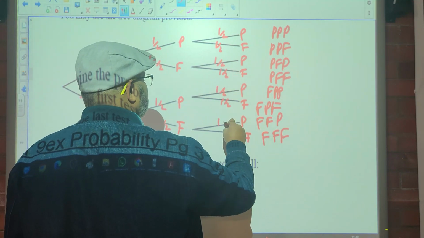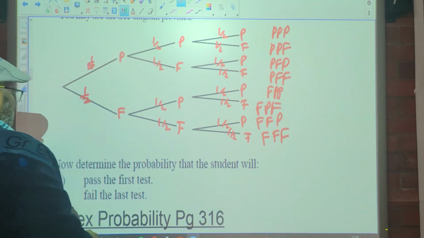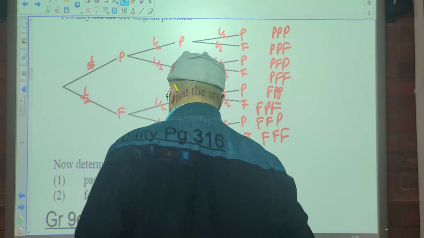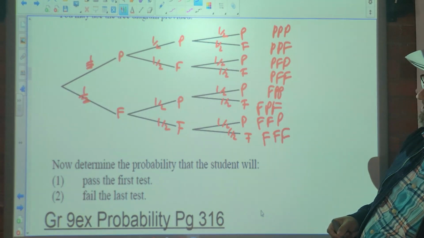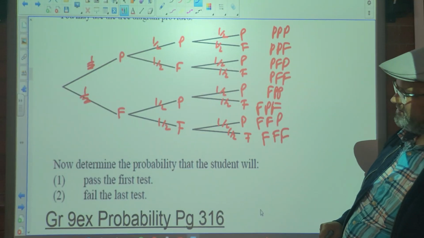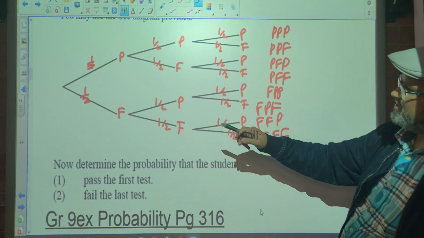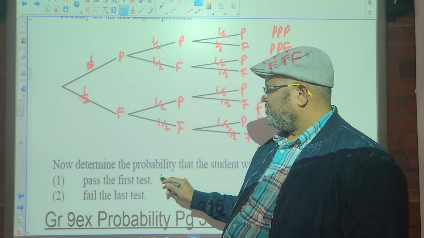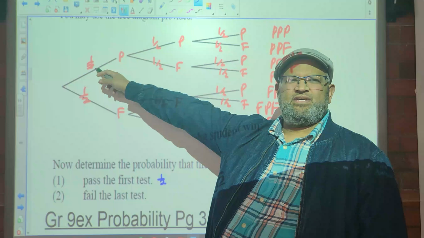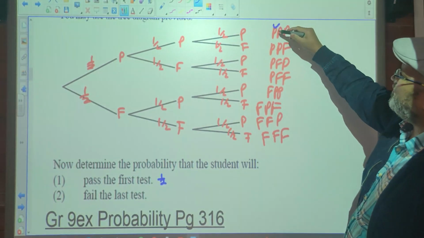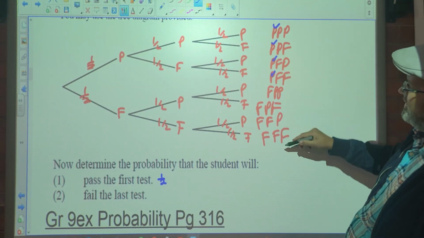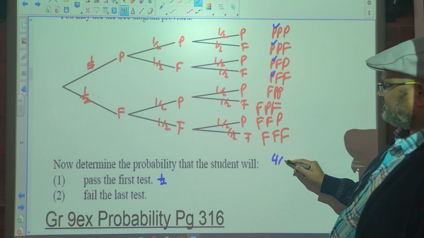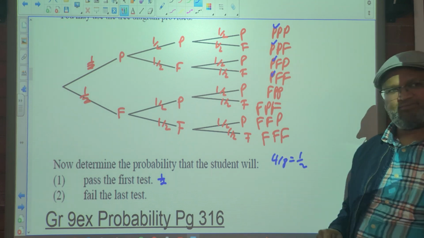Okay. So now determine the probability that the student will pass the first test. So passing the first test is going to be 1 out of 2. Can you see that, people? Otherwise, you could have gone with 1, 2, 3, 4, and that will be 4 out of 8, which is half anyway.